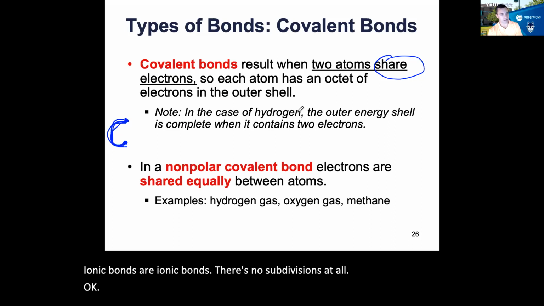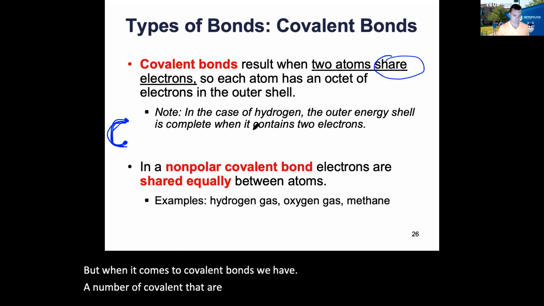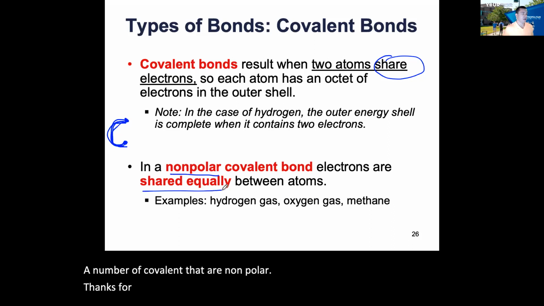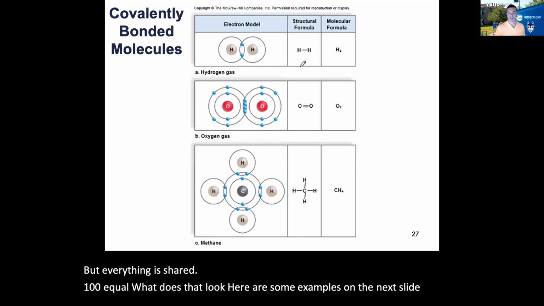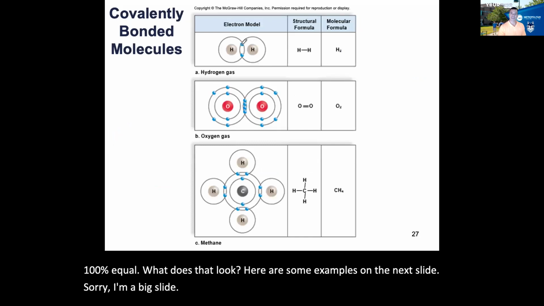But when it comes to covalent bonds, we have a number of covalent bonds that are nonpolar, where everything is shared 100% equally. What does that look like? Here are some examples on the next slide. They share them equally.